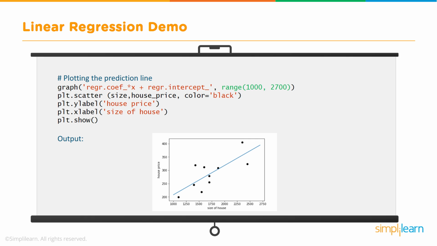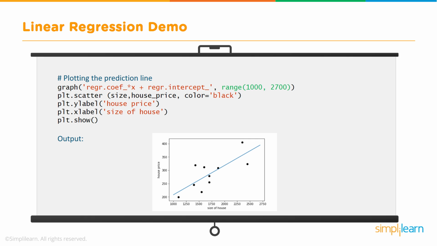And in there in brackets and then in single quotes, you'll see house price, and then you'll plot the xlabel with size of house. And then finally we want to see it, so we'll do the plt.show command. And as you can see below, our definition created that nice blue line down the middle. And then there's the actual data that was used to generate that line, which we originally imported in.